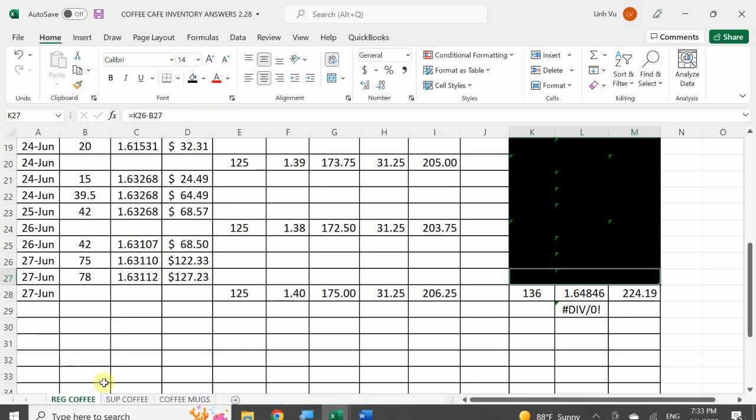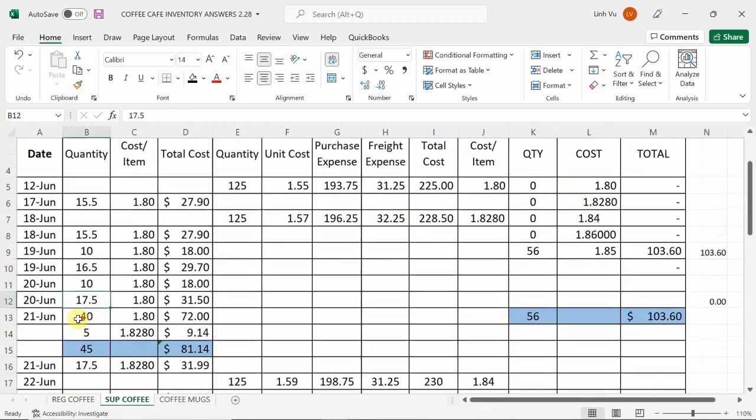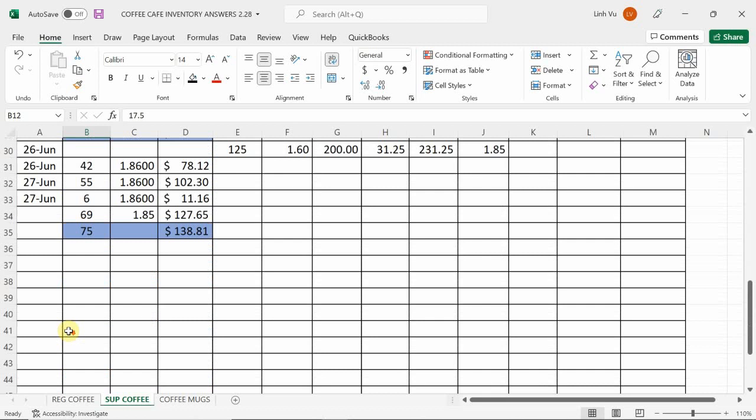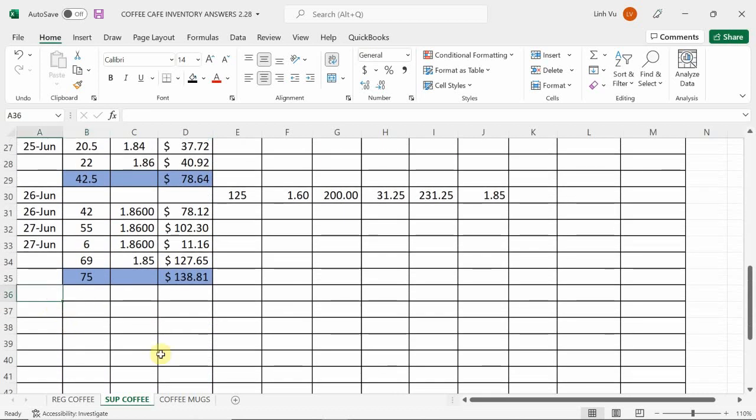So then my Supreme coffee, let's see, what did we do here? 6/27. We purchased 125 pounds at $1.64, which gave us a 205.